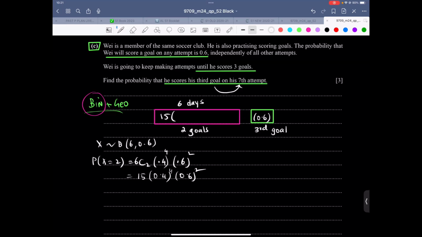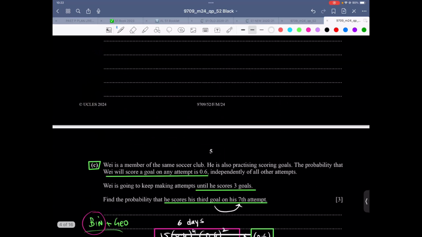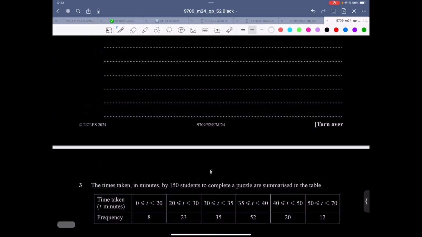So this is 15 options, this is 0.4 raised to power of 4, this is 0.6 raised to power of 2, multiplying with this. So now let's use a calculator, and this answer comes out to be 0.082944. I can write this as 0.0829, correct to 3 significant figures. So this is part C done.